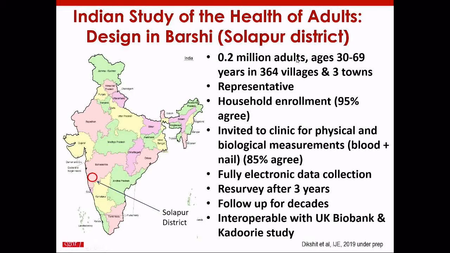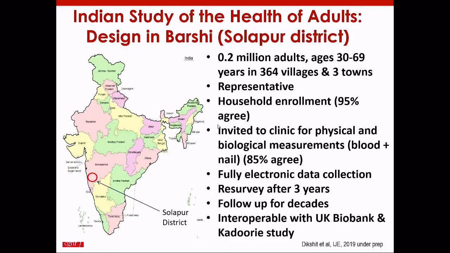And this is Rajesh Dikshit's study, and in Barshi, where the work has started, 200,000 adults have been enrolled. And this uniquely involves a household enrollment. So it is actually representative of the areas. So teams knock on the doors, they get some questions answered.